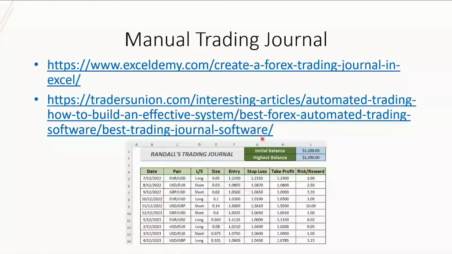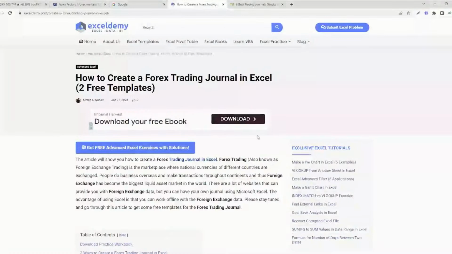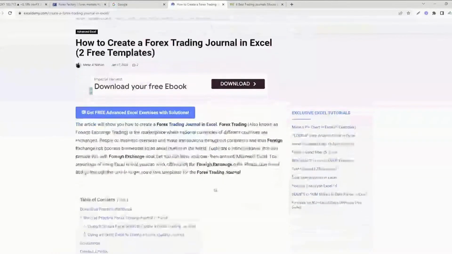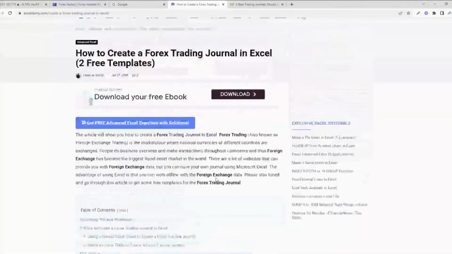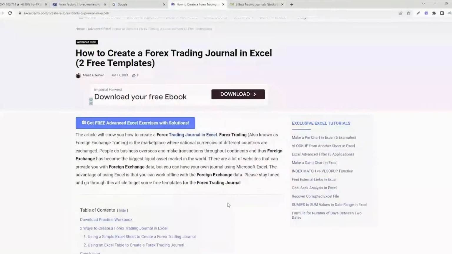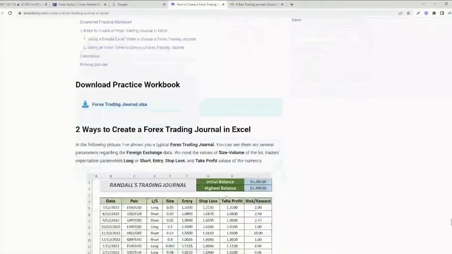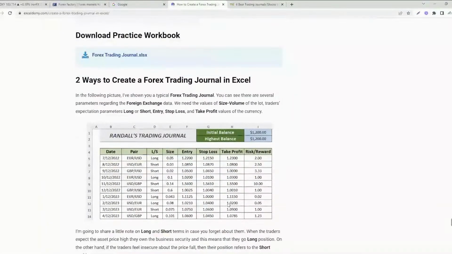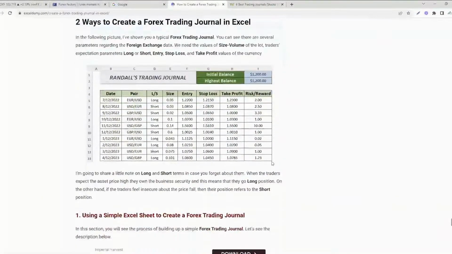Okay, so let's just switch onto the website. This is where that first link was. That first link will take you here. So basically this is a pretty good website to read through and to start creating your first manual trading journal. It takes you step by step how to do it.